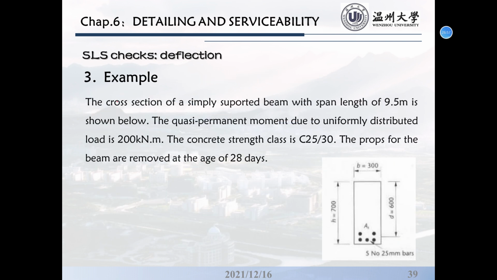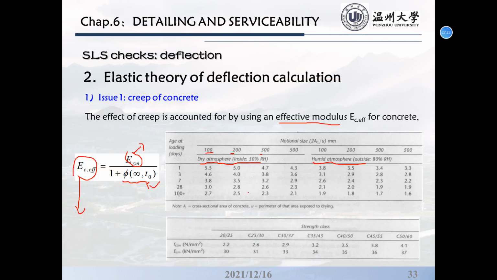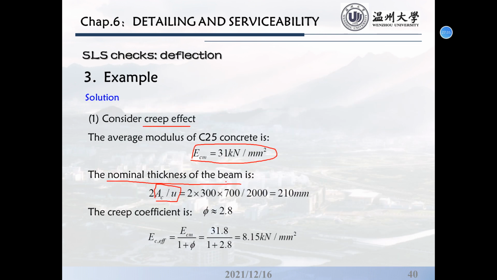Okay, look at here. These examples illustrate how to get the deflection. So one is considering the creep effect. The average modulus we note is this one, right? The nominal thickness of the beam. Look at this index, 2Ac divided by u.